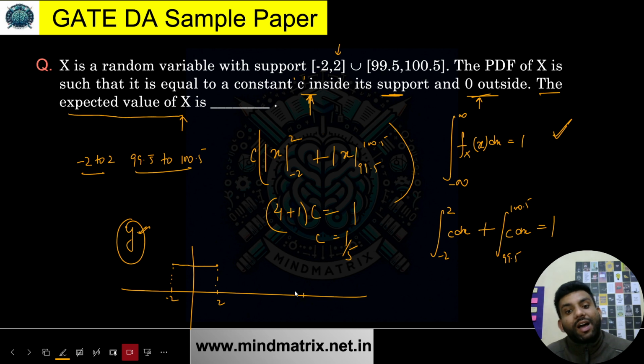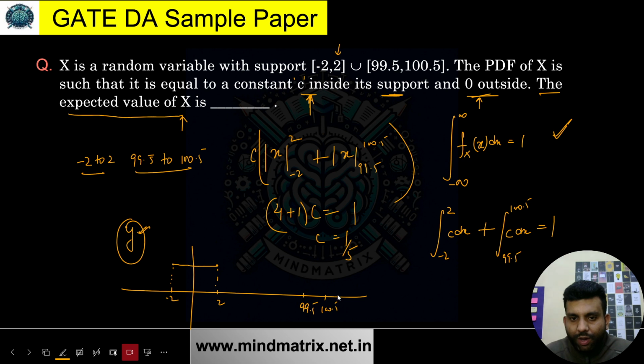And then apart from this range, minus 2 to 2 and 99.5 to 100.5, the PDF value is going to be 0. So I won't be talking about the rest of the range.